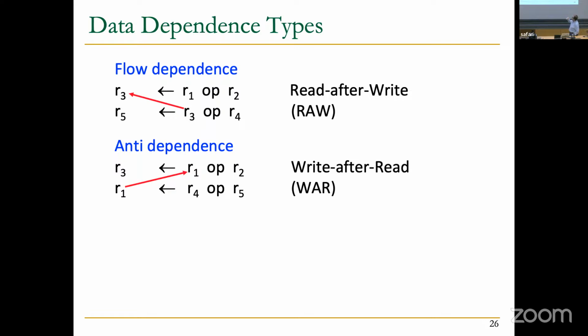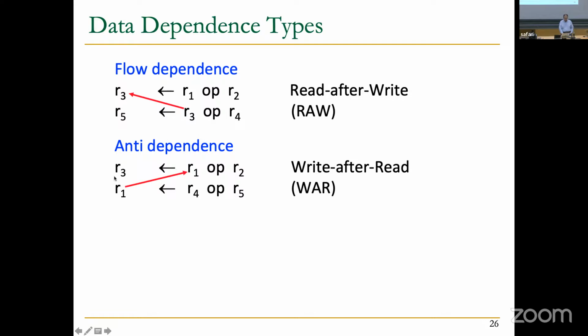The first instruction is reading from R1, and the second instruction is updating R1. If you execute things in order, without committing things out of order, this should not be a problem, right?